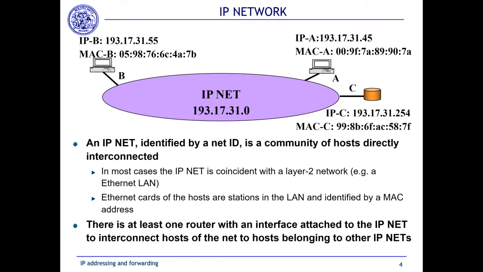Actually, the IPNet is, let's say, a logical concept, and you can define it as the set, the pool of hosts or of network interfaces which are addressed with an address that belongs to the block identified by the network prefix.